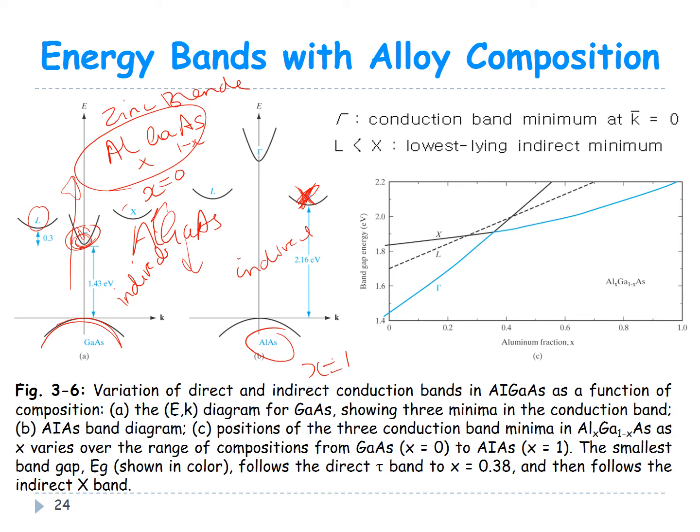Now, the importance of that is that you can actually change the color of the light that the semiconductor emits when electrons fall from the conduction band to the valence band. Remember that with your semiconductor, your EC and your EV, as the electron falls from the conduction band to the valence band, the light that is given off is equal to the energy gap, Eg.